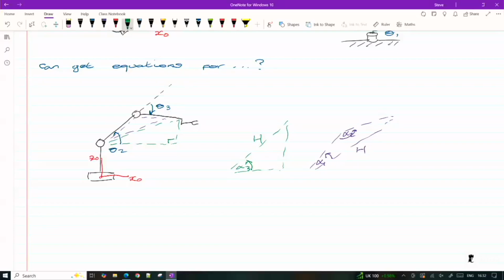We're just working out what information we can gain from that to give us theta 1, theta 2 and theta 3 from that view. So if we can work out what alpha 1, alpha 2 and alpha 3 are, for example, we should be able to come up with expressions for theta 2 and theta 3 as we did in the previous example.